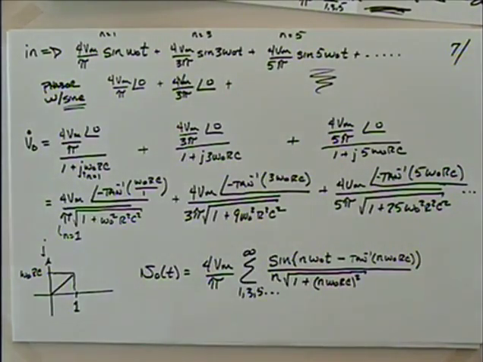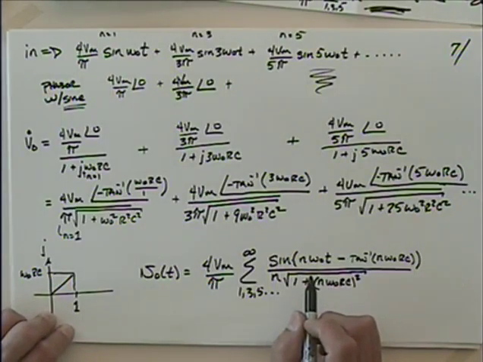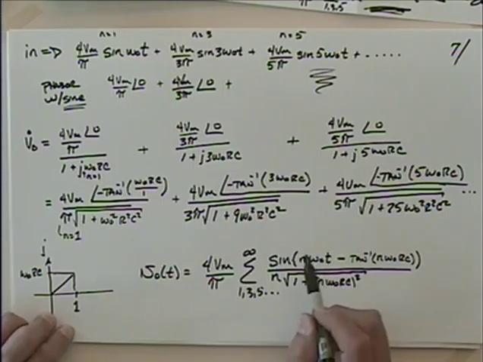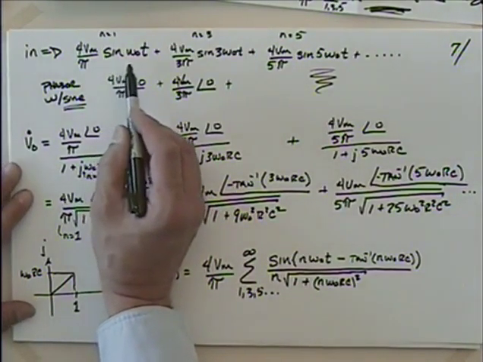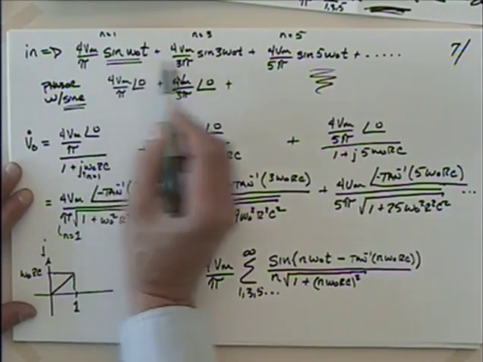Yes? Just on that last equation, inside the angle of sine, we wrote it as n omega naught t, but really it would still be 0 all the time. Would be 0, because n is all numbers in sine. Well, no, I don't think it'd be 0, because we're just going back to the time domain.